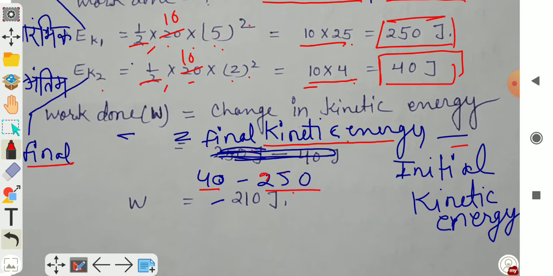Now by subtracting these, we will get minus 210 joule. It means the minus sign expresses that the speed of the car or vehicle is decreasing.